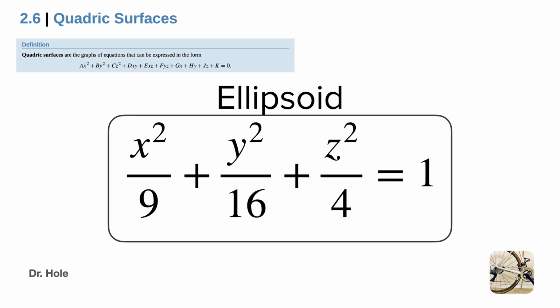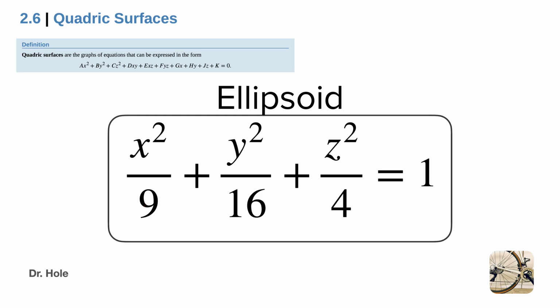An example is an ellipsoid. If the denominators on the left-hand side were all the same number, the ellipsoid would be a sphere. By varying the denominators, we morph the sphere.